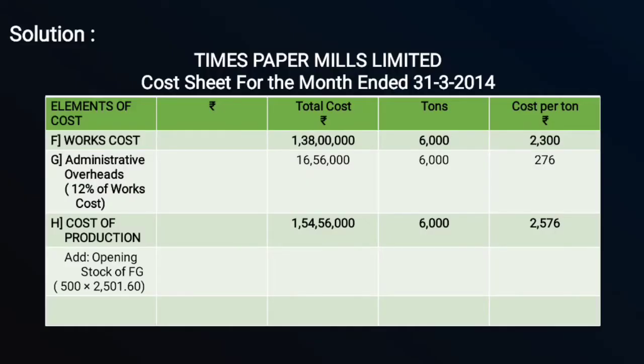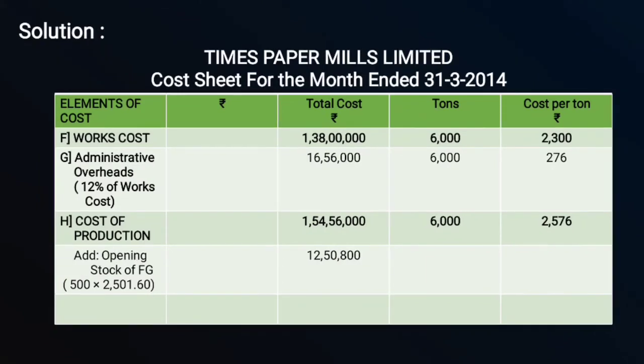So we'll add it. 500 into 2,501.60. So the total amount will be rupees 12,50,800. Tons will be 500 and cost per unit will be nil.